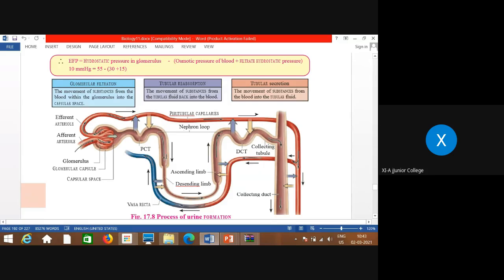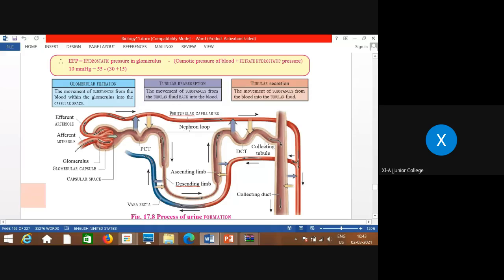Maximum reabsorption of water takes place here in the PCT region, as well as in the descending limb of the loop of Henle, because the wall of the descending limb is permeable to water, whereas the wall of the ascending limb is impermeable to water. So here the reabsorption of ions takes place. It is permeable only to electrolytes, not to water.